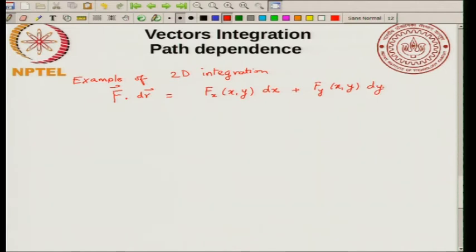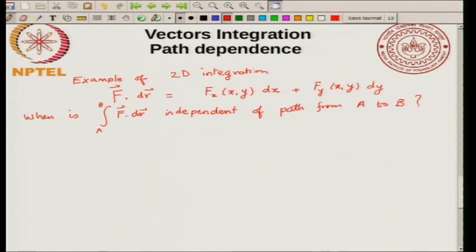And now you want to ask a question: when is the integral from A to B of F dot dr independent of path from A to B?